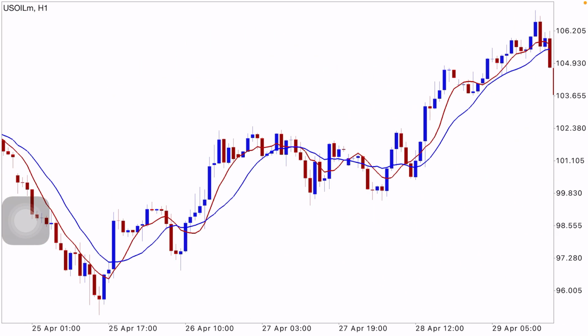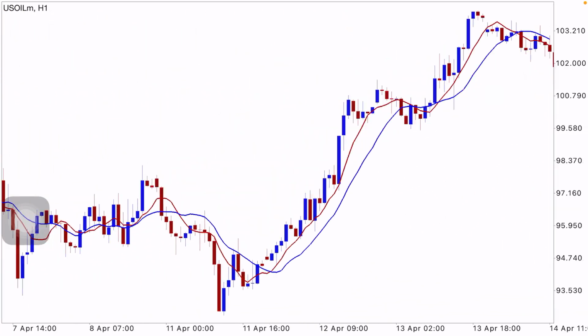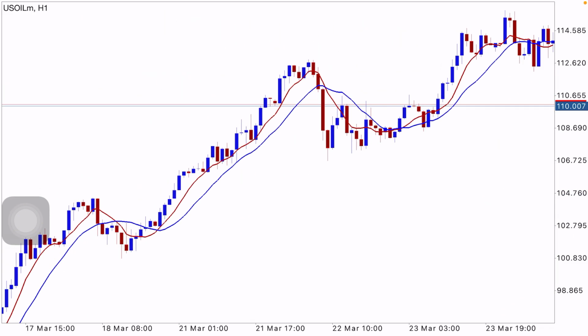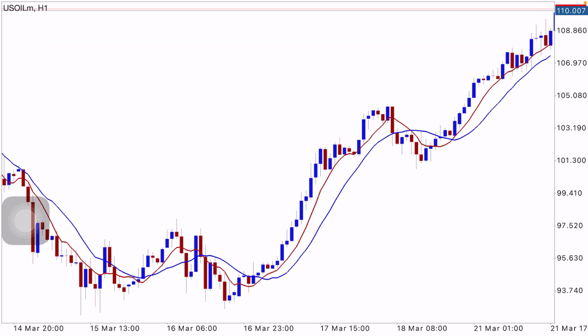So what at all is golden cross? Golden cross is when the faster moving average crosses the slower moving average. When the faster moving average crosses the slower moving average, it is called golden cross.